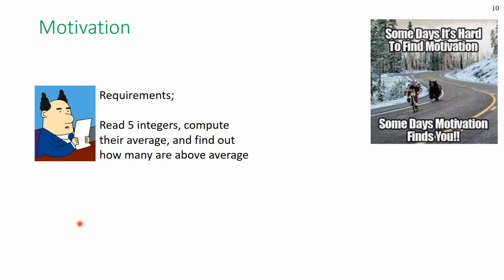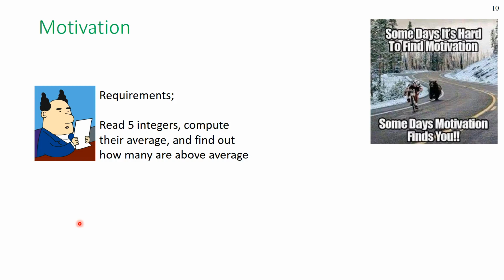So rewinding a little backward to the most basic example, an array of int, for example, here's a little program that I need to write. Read 5 ints, compute their average, and find out how many are above the average.